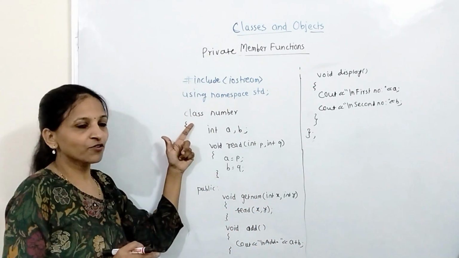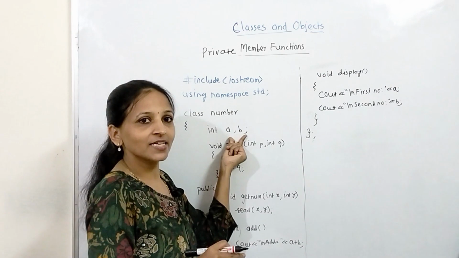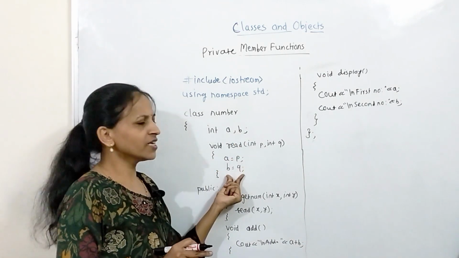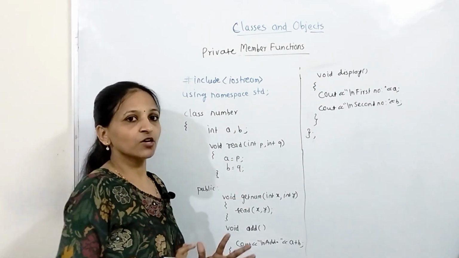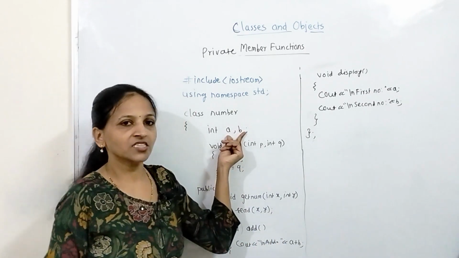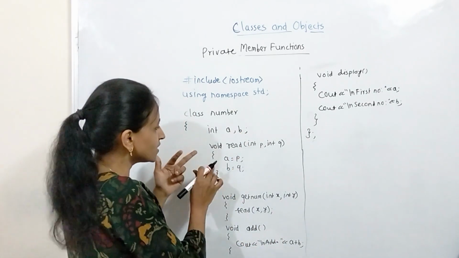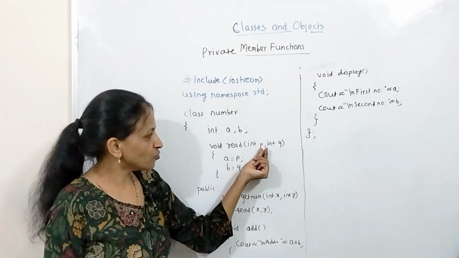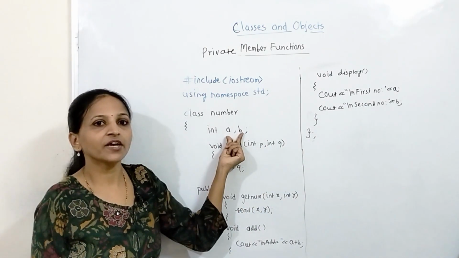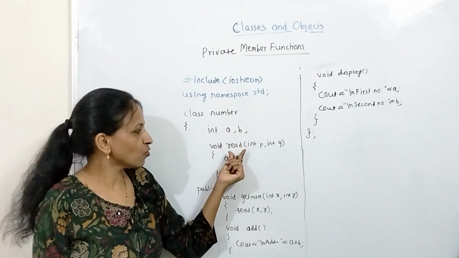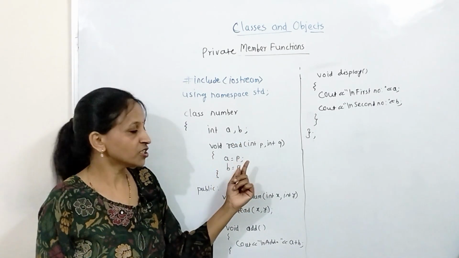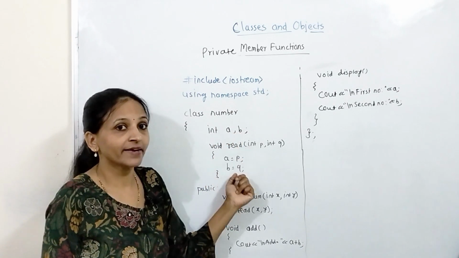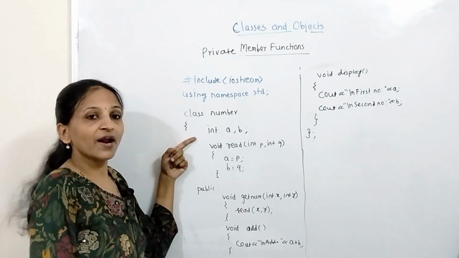Here I have declared class number, inside that two data members are there, A and B, and here I am writing a read function. Here we are going to just accept two integers in this read function. These two integer arguments P and Q, I am going to assign to A and B. We can call this function to set values to A and B, but this is private.